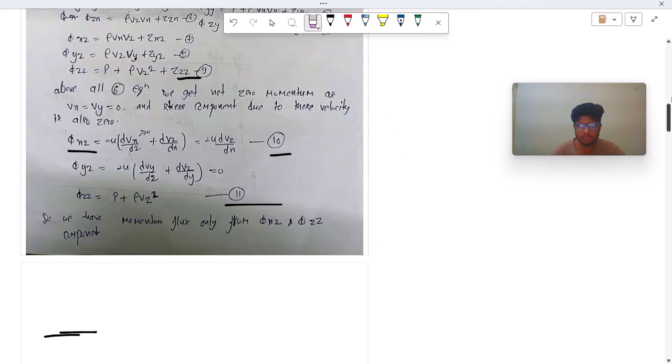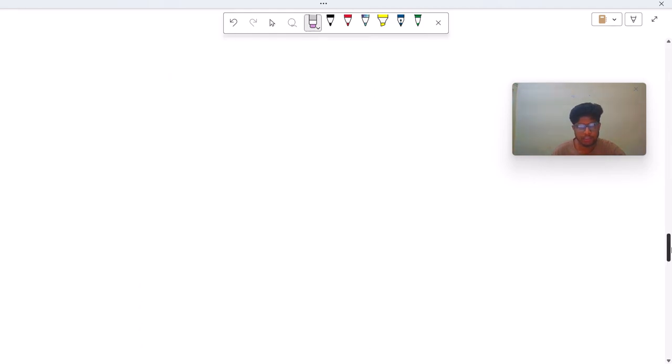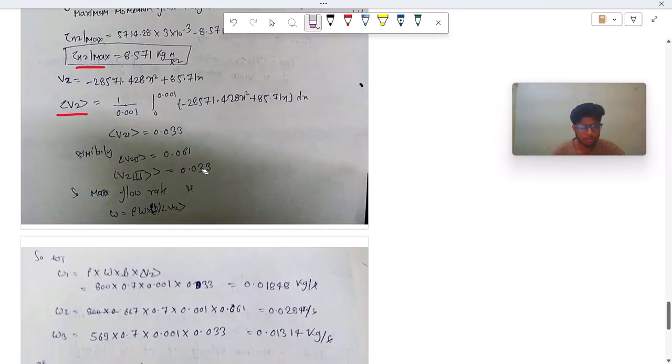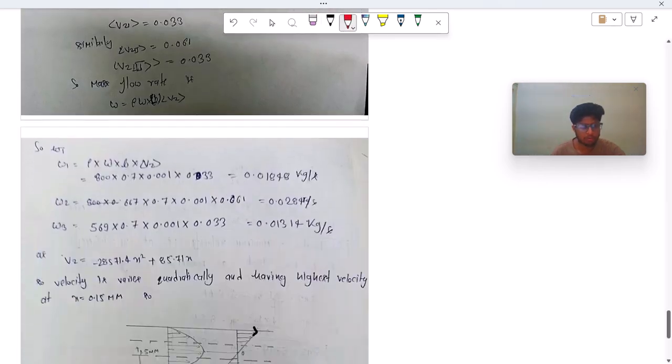If we take this, we get density into area into average velocity. So we get W1, the mass flow rate for fluid 1. Density of fluid 1 is 800, width into thickness, where width is 0.7 and b is 0.001, and average velocity is 0.033.